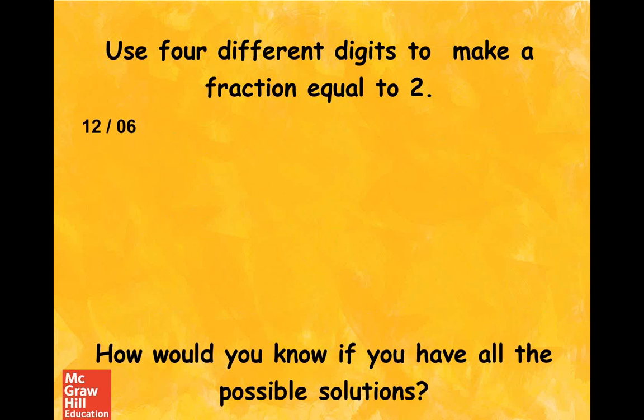All right? So let me just ask you then, I'll change this a little bit. What do you think the largest denominator could be in this problem and still satisfy the criteria of the problem, using 4 different digits to make a fraction equal to 2?